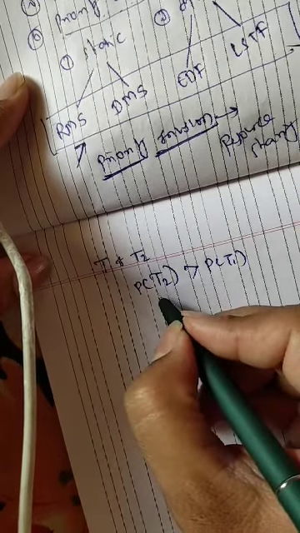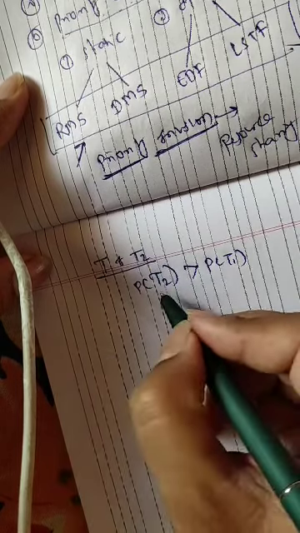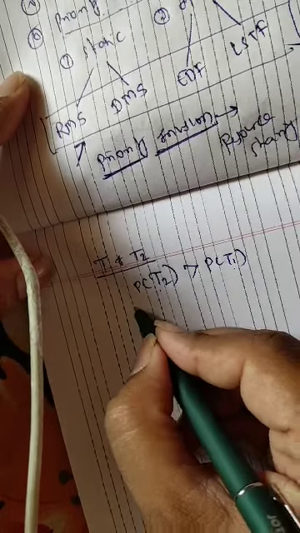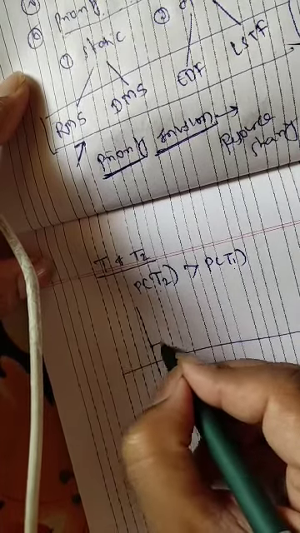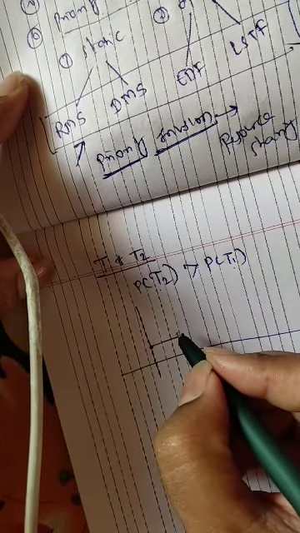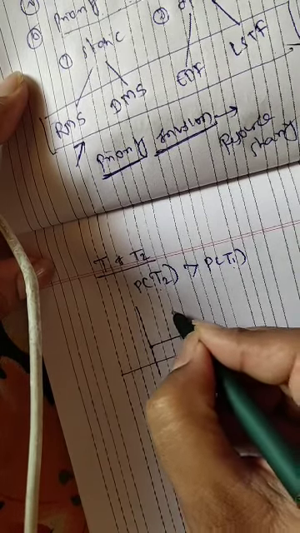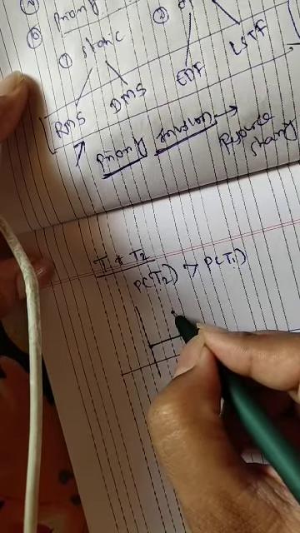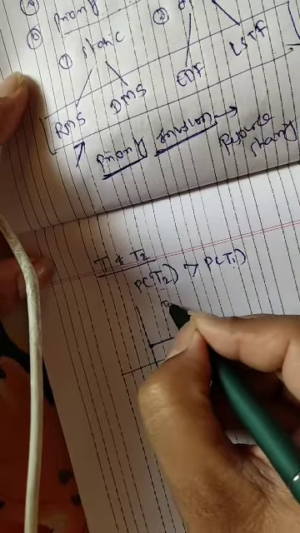Let us consider process T1 comes in the ready queue and starts its execution. After some time, another process comes, that is T2. Both processes are in the ready queue, but T1 is running and T2 comes now, but T2 has higher priority than T1.